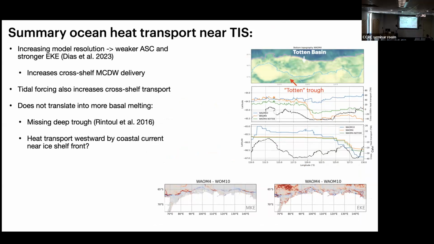You also notice that high resolution has more circumpolar deep water at the shelf, and tides also enhance the southward transport. But then our hypothesis is that you may either be missing this deep trough, or the model represents the heat access to the Totten ice shelf in a different way.